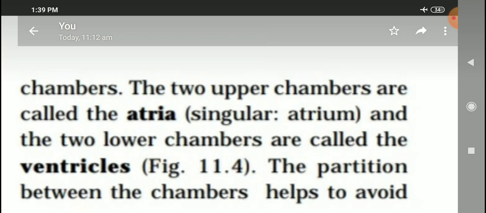Atria is plural; atrium is singular. The two lower chambers are called ventricles. The two upper chambers are the right atrium and left atrium. The two lower chambers are the right ventricle and left ventricle.